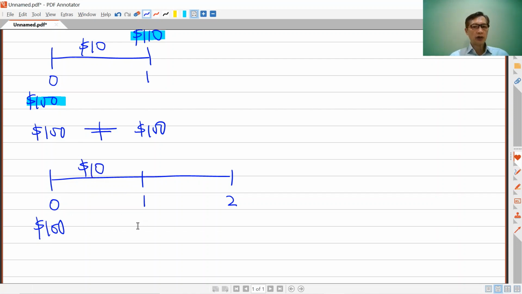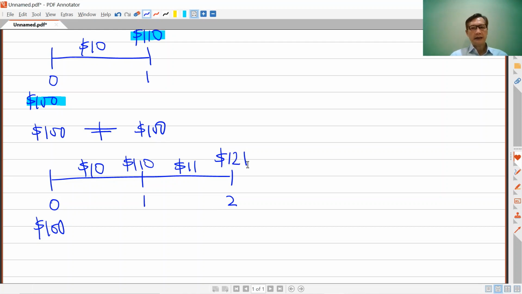And since you are not going to take it out, at the end of 1 year, you would have $110 in the bank. And as you are not taking out for the second year, you should earn another 10%. So it will be 10% on the 110. That should give you $11 of interest. So at the end of 2 years, the bank should give you back 110 plus 11.